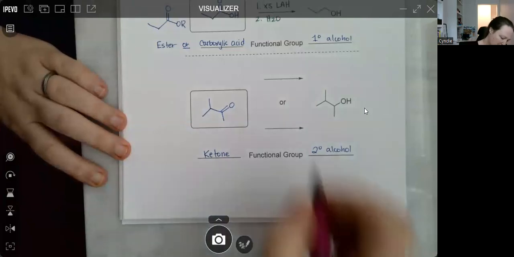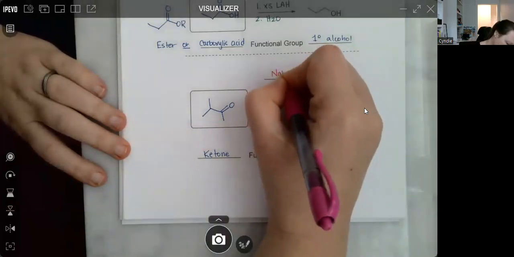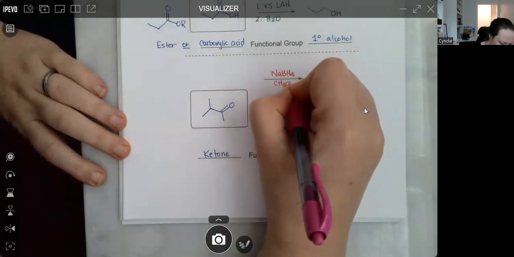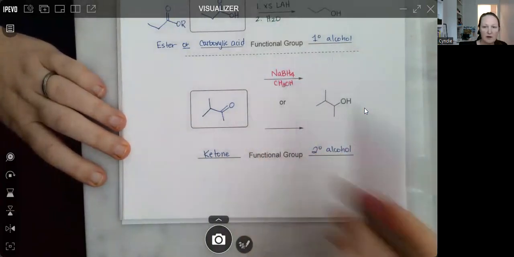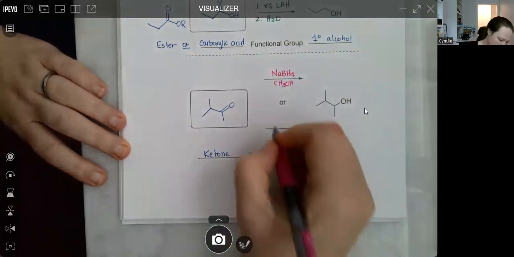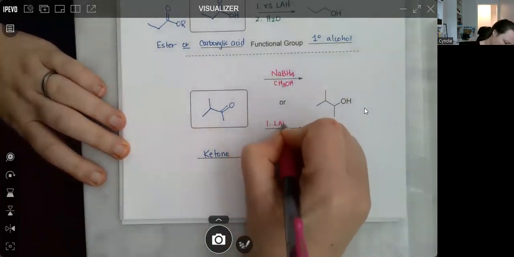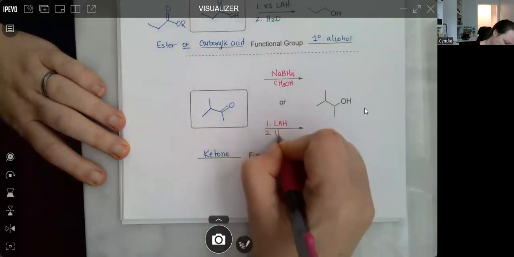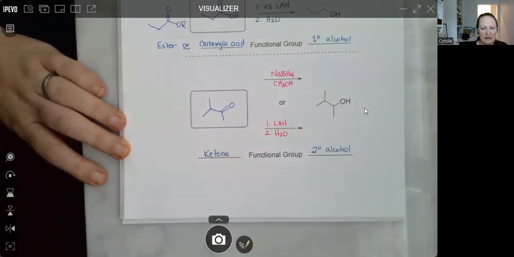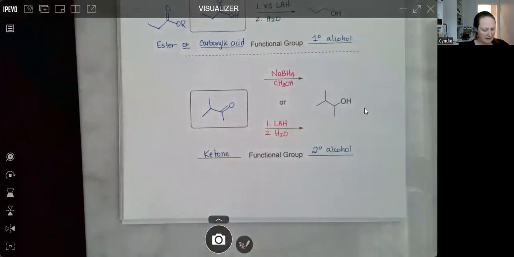Again, you can either use sodium borohydride. And again, this methanol might be water or another alcohol. This is the important part of the reagents, or lithium aluminum hydride. And you might see water or H3O plus in the workup for that.